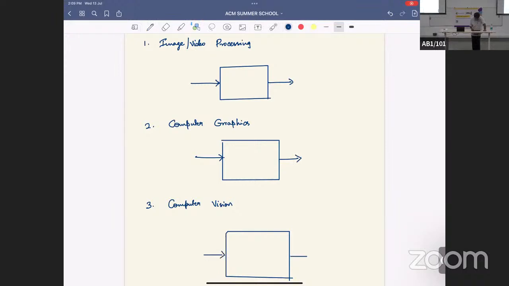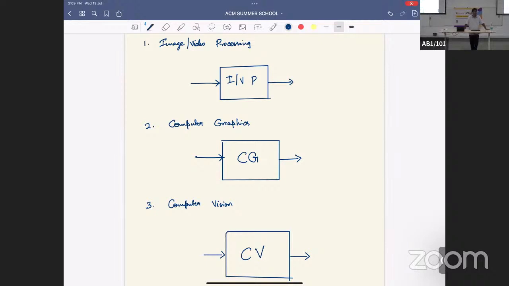Does anyone have any idea? I will mark it: this is the image or video processing module, this is the computer graphics module, this is the computer vision module. You have mics? Yeah.